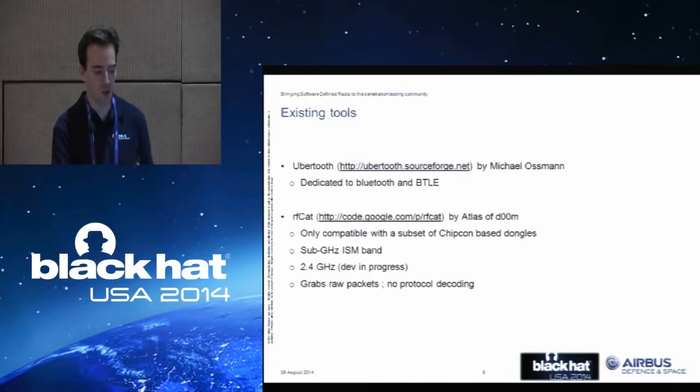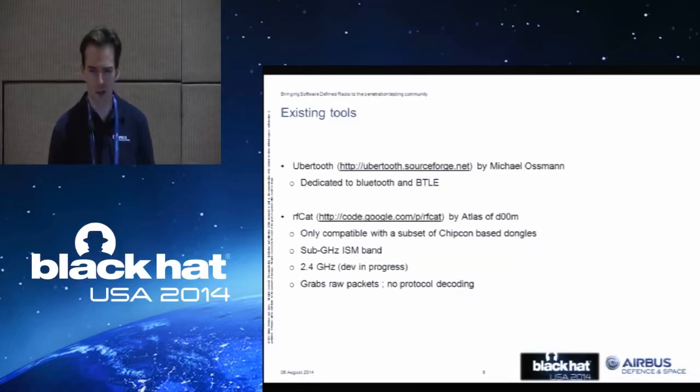But it's only compatible with a subset of Chipcon-based dongles. It's just a transceiver made to deal with the ISM band, and you flash another firmware on it, and then you're able to deal with the sub-gigahertz ISM band and just configure it with a Python interactive shell.